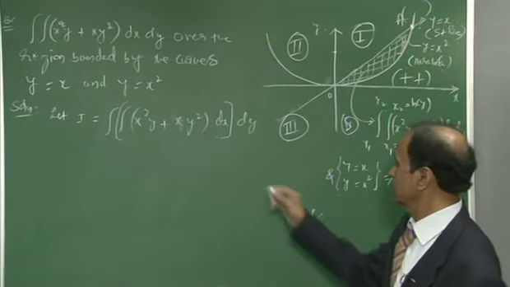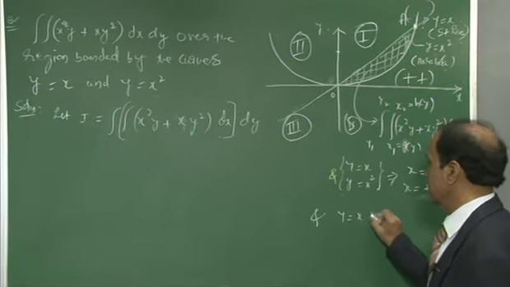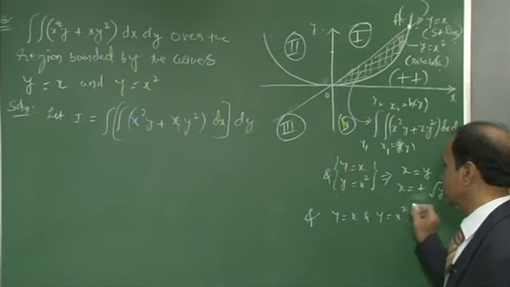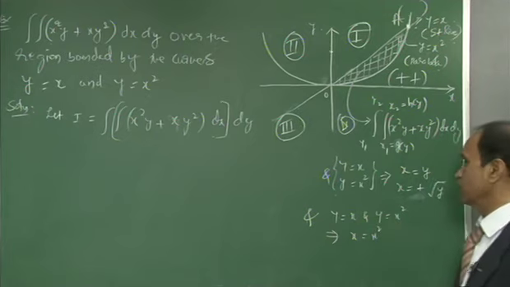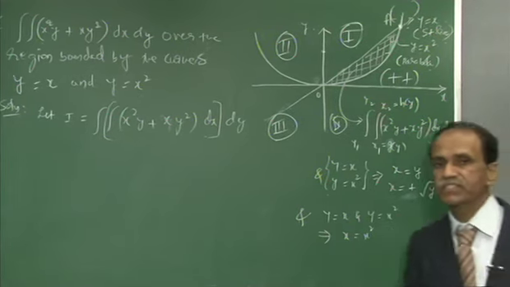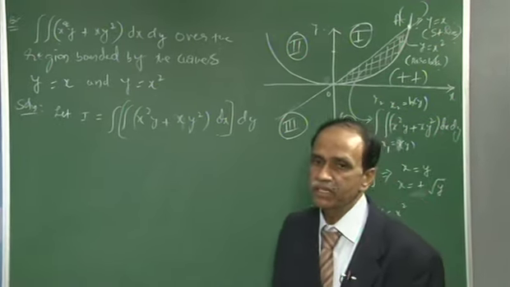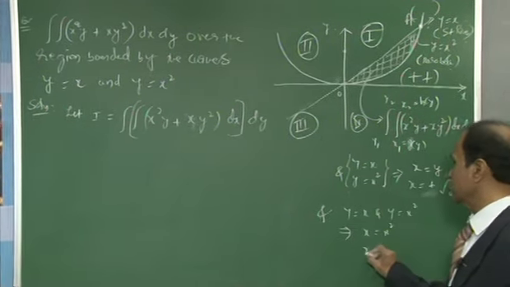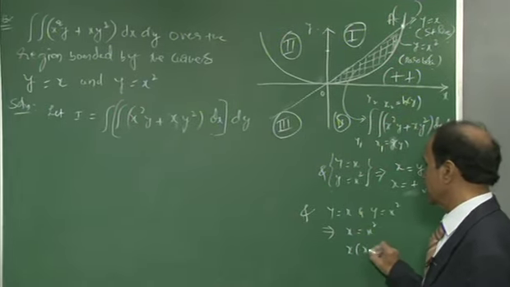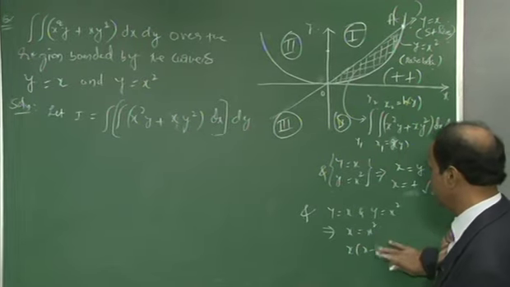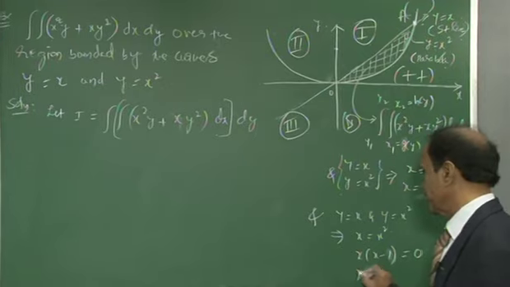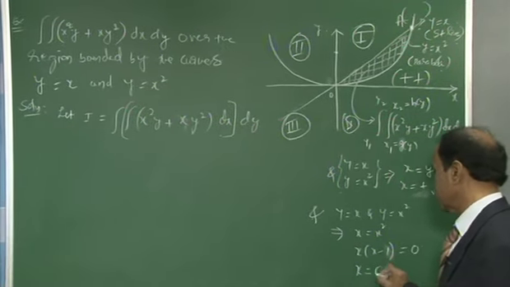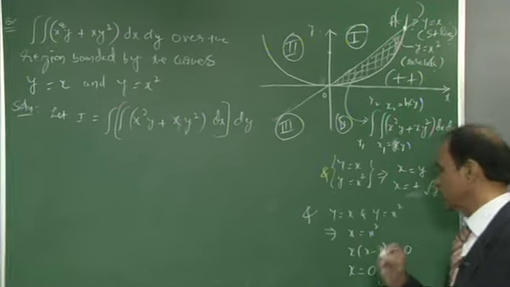Y equal to x and y is equal to x square imply x equal to x square. You can compare the RHS of the first equation with the RHS of the second equation. Then x square minus x, that is x into x minus 1, by taking x common, is equal to 0. Then x will be 0 and x will be 1.